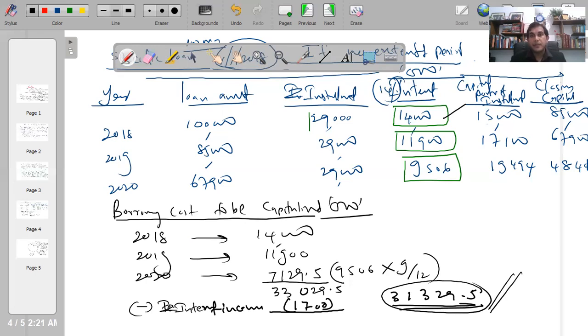Okay, please write down this answer for the specific loan. Then I will be explaining common loan, so how to calculate the capitalization rate, then how to apply that one into specific loans for the phase 1, phase 2 and phase 3.